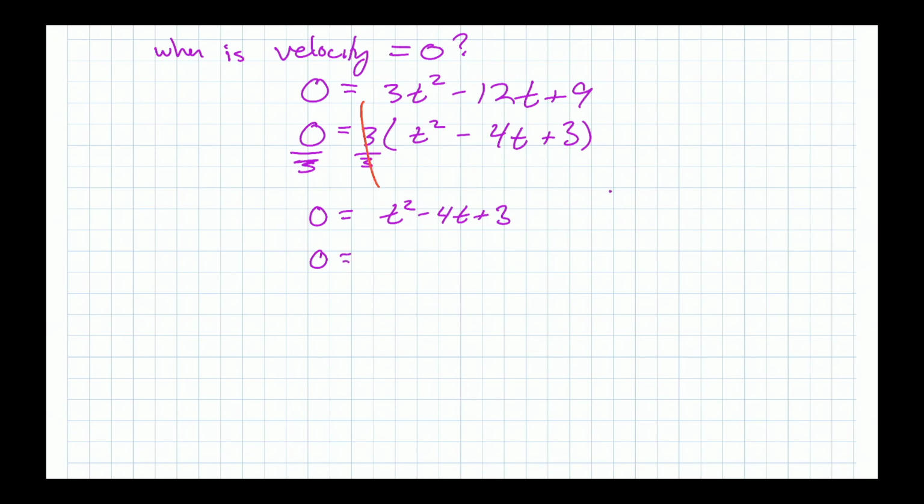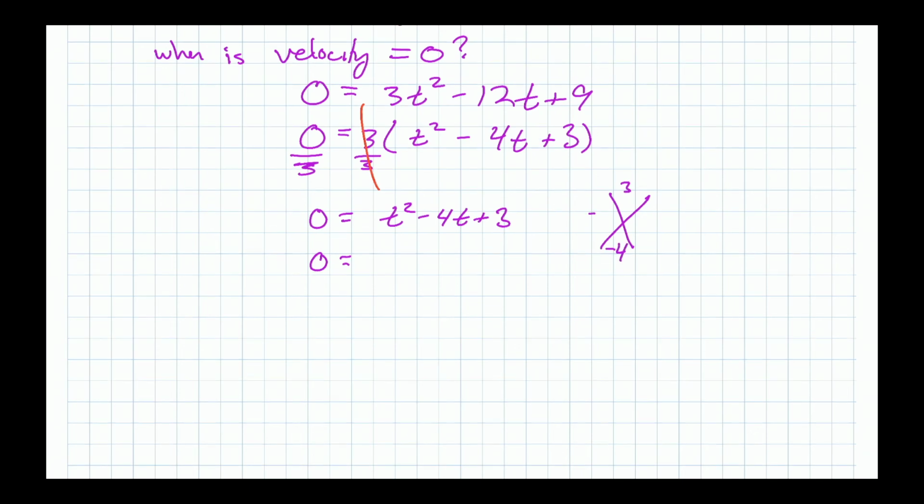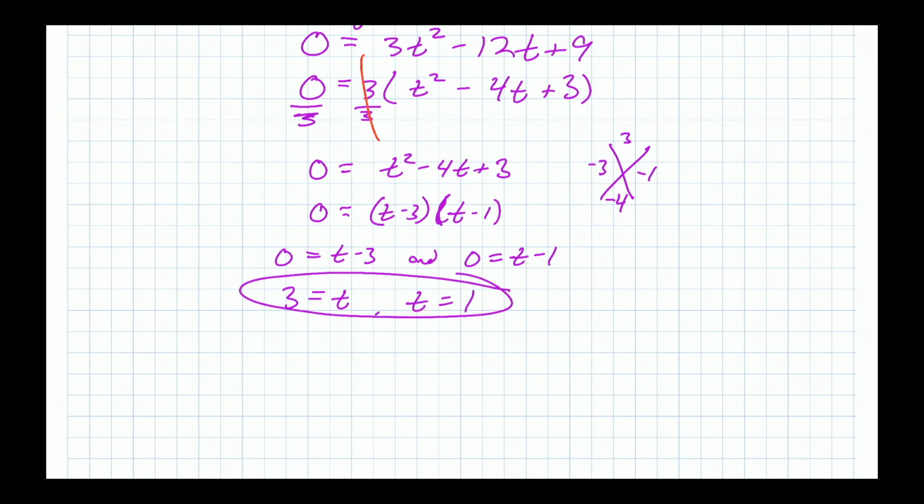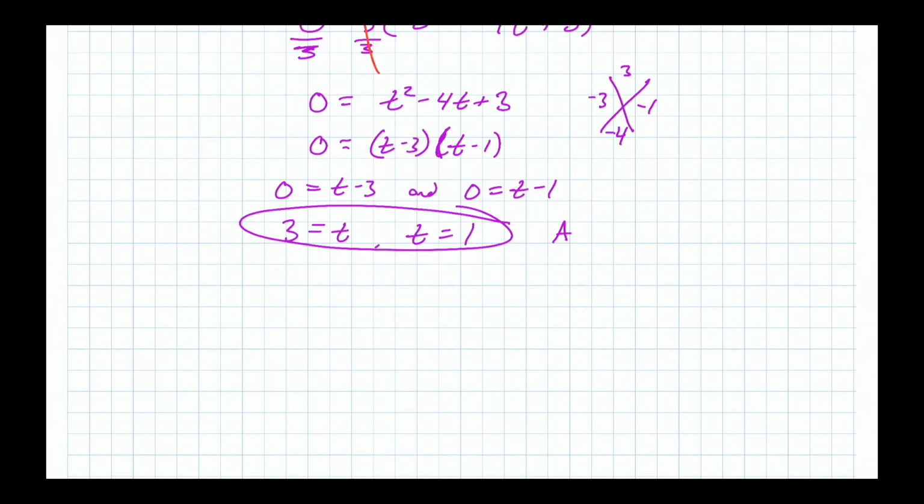So we're looking for numbers that multiply to 3 and add up to -4. And that looks like -3 and -1 are going to do that. So we have (t minus 3)(t minus 1). From there, we have 0 equals t minus 3, and 0 equals t minus 1. So t equals 3, or t equals 1. So we have 2 of them.